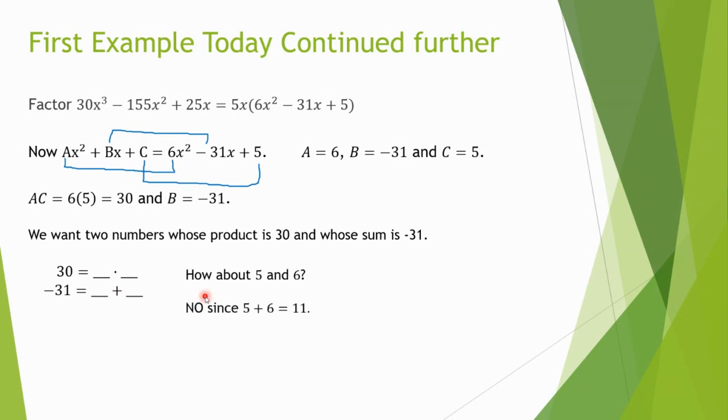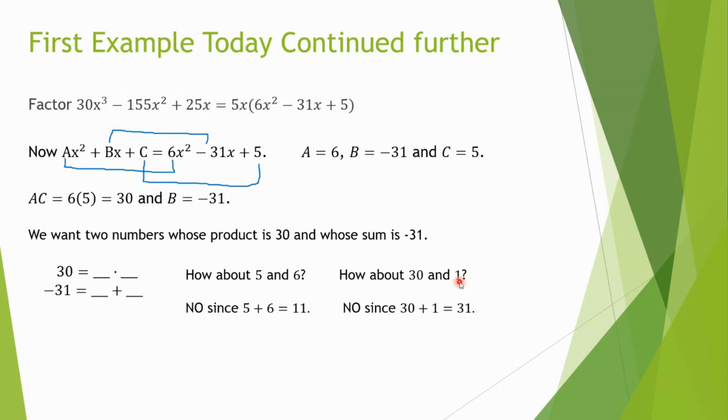But you might be thinking, what about 30 and 1? Well, 30 times 1 satisfies this condition here. Its product is 30, but the sum is not negative 31, it's 31. So it's close. 30 and 1, no, doesn't work.